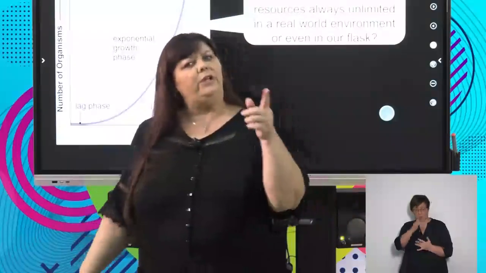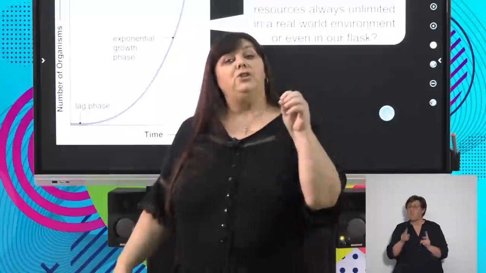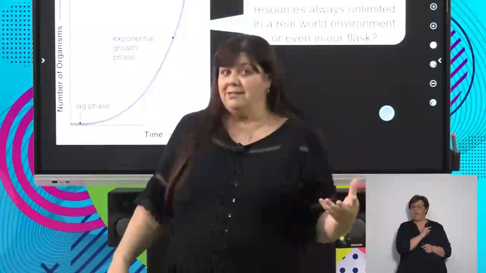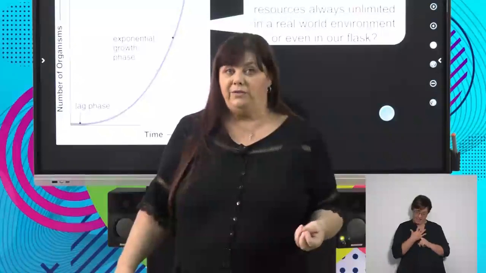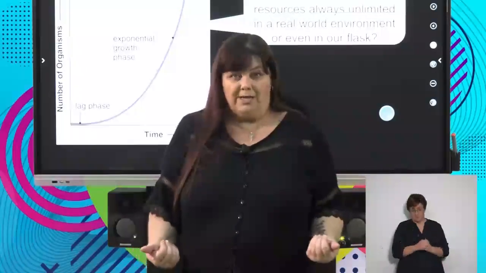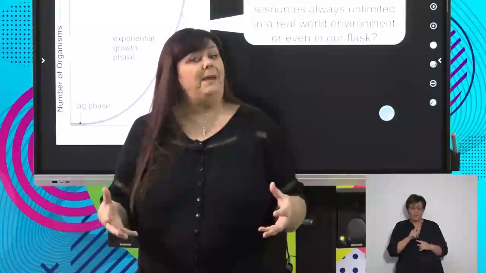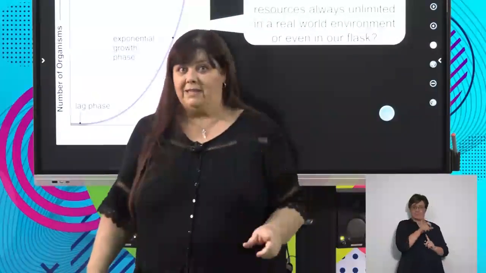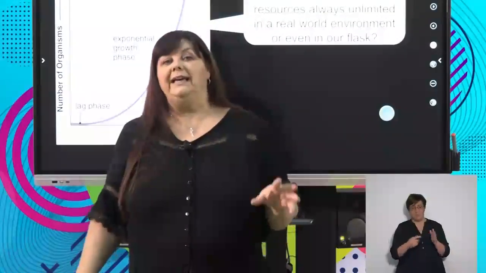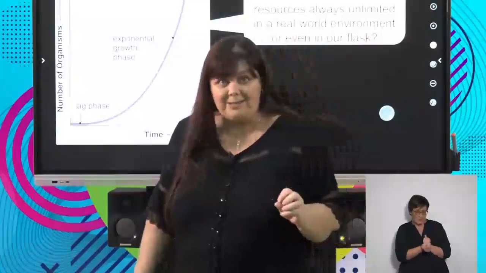And when you get sick from a bacterial infection, it's usually because of the toxins or waste products that the bacterium that is infecting you is producing in your body. So these toxins and wastes that the bacteria themselves are producing, they can start to affect this population in a negative way. So let's see now what happens to our growth curve.